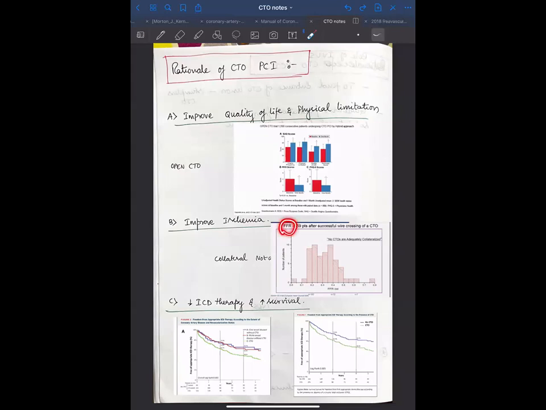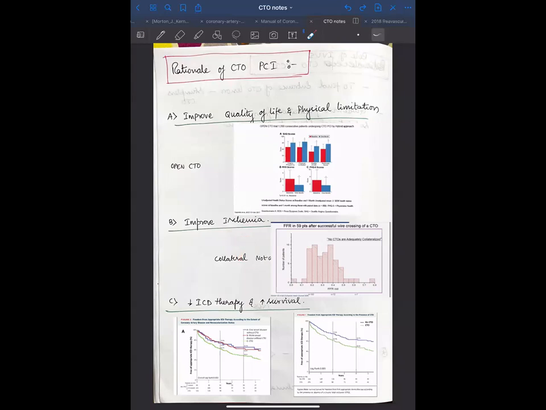Just after wire crossing, before doing the PCI, we can see here that FFR mostly is in the mean of 0.3 to 0.4, which means that no matter how well the collaterals look, they are not enough to supply an adequate part of blood supply. So definitely there is improvement in ischemia by opening up a CTO in a correct given scenario.